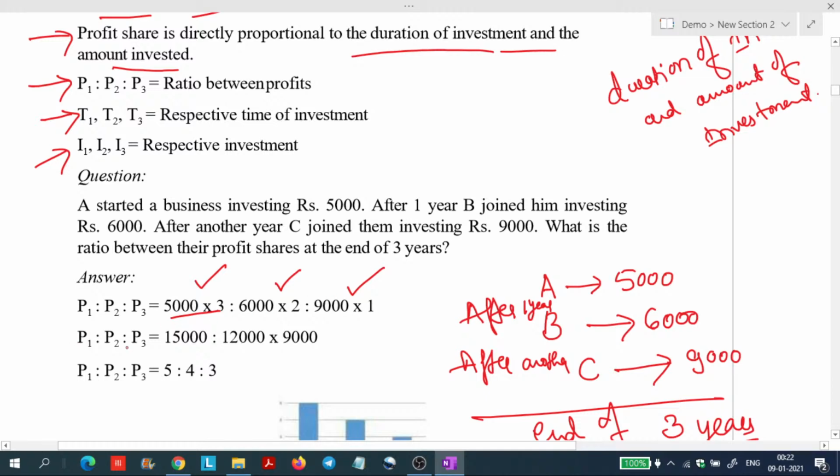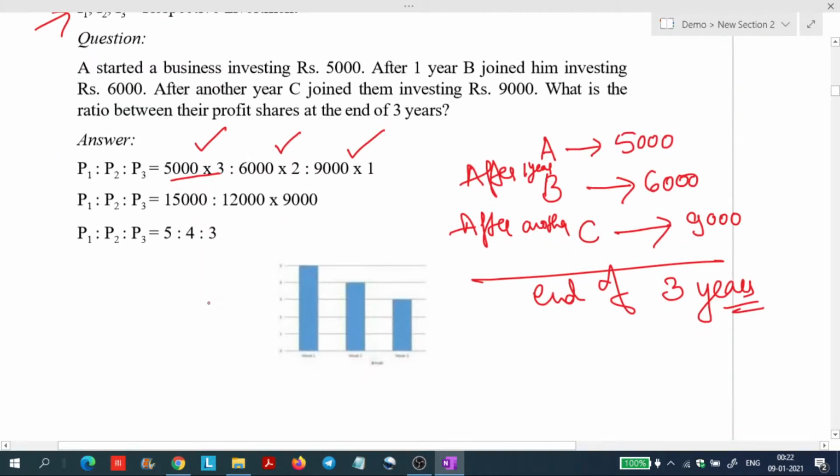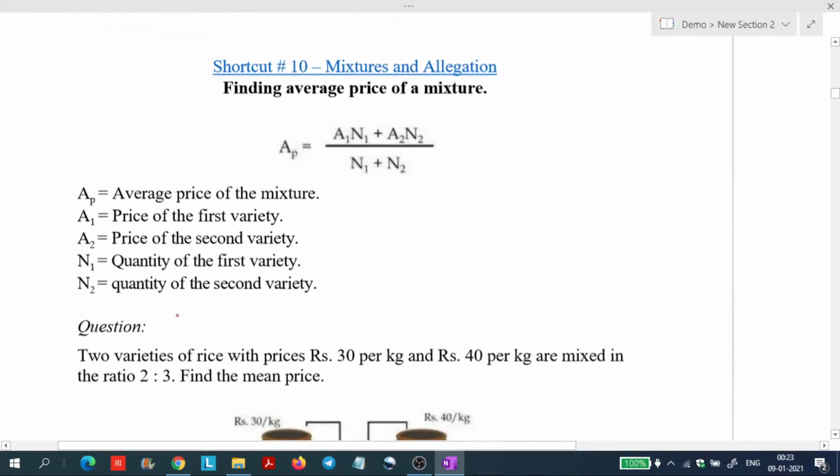So the ratio between the profits is 15,000, 12,000, and 9,000. Dividing by 3,000, that is 5 is to 4 is to 3.